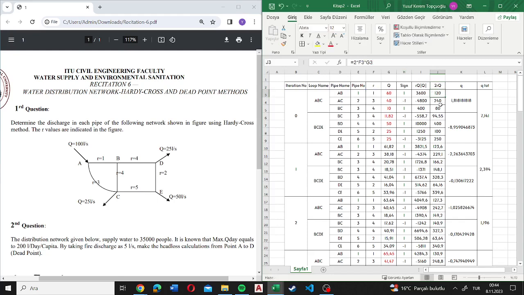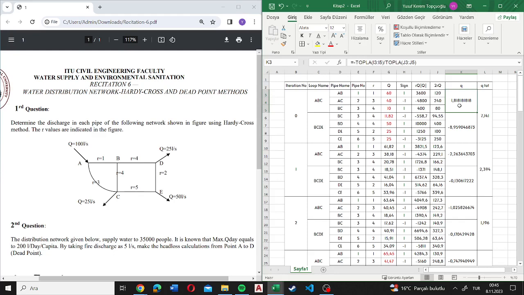For the first loop, after the calculation, we calculate Q as minus the cumulative summation of RQQ over the cumulative summation of 2RQ, and we find the Q value like 1.82.